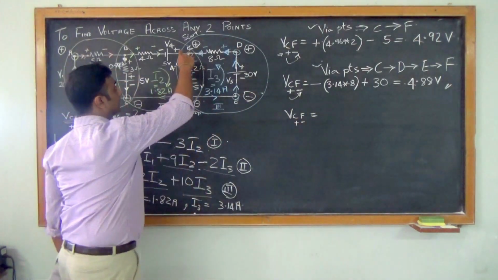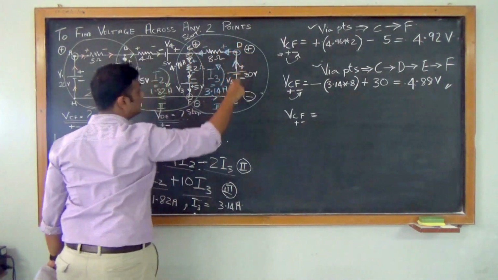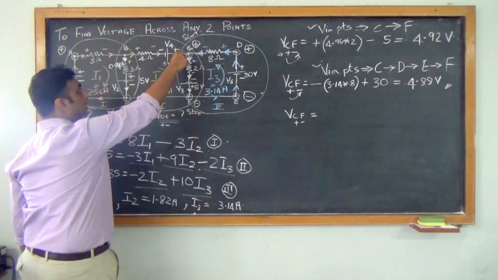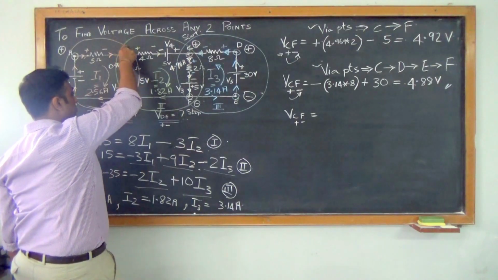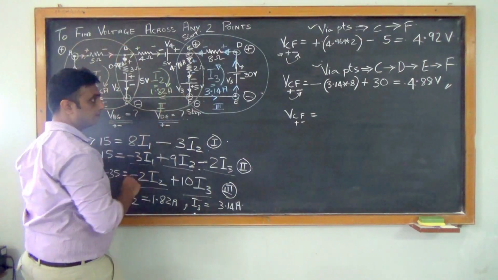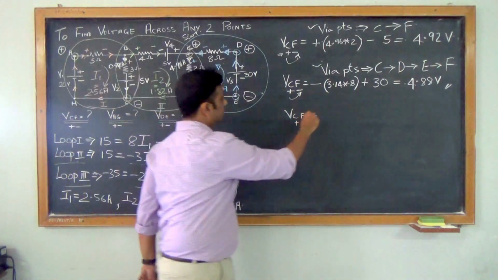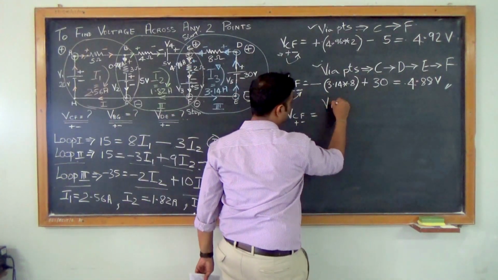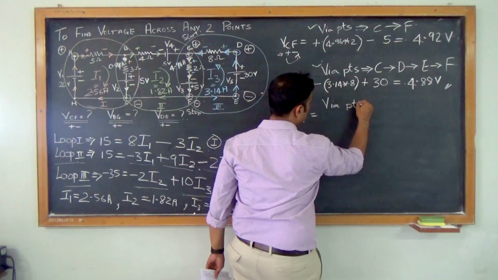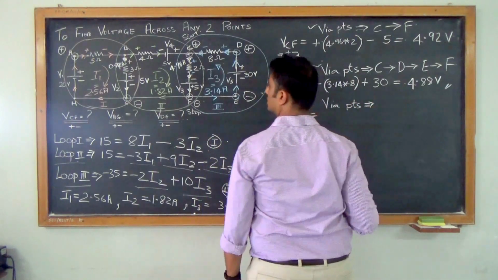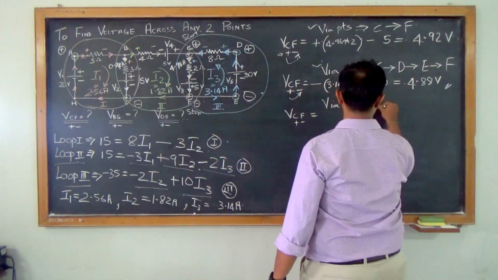Now instead of taking wire points C, D, D, E and E, F, I will take wire points C, B, B, G and G, F. So this also should give me the same answer if this technique proves right. Let's check whether the same answer is achievable.